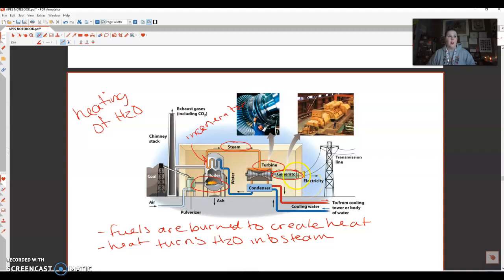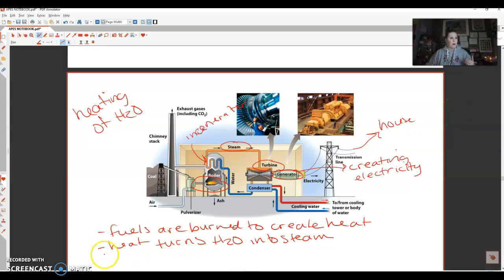Okay, the generator is then creating the electricity. So you can see it is connected to the power lines or the transmission lines. So the generator is what is creating electricity. Okay, so the power lines are connected, and then these transmission lines, guess where they go? To your house. That's how this works.